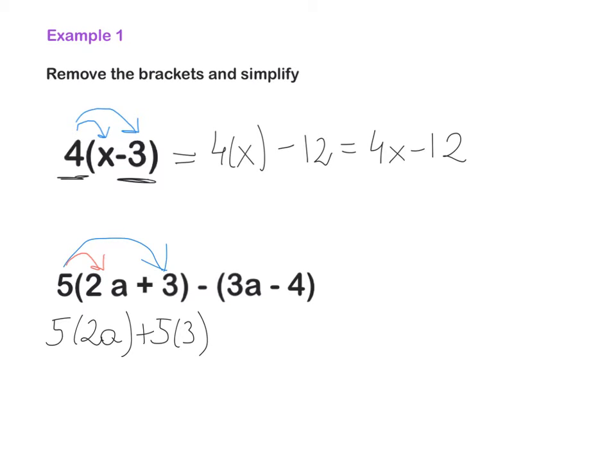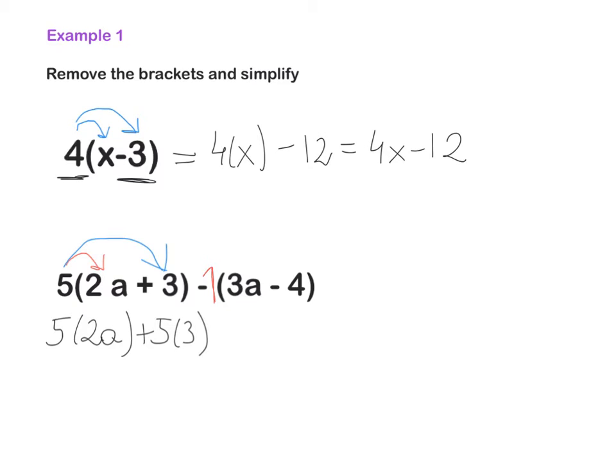Look at the next one. We don't have any number in here, we have just minus. But if we have minus, that means it's minus 1. So we need to multiply minus 1 by 3a and minus 1 by minus 4.